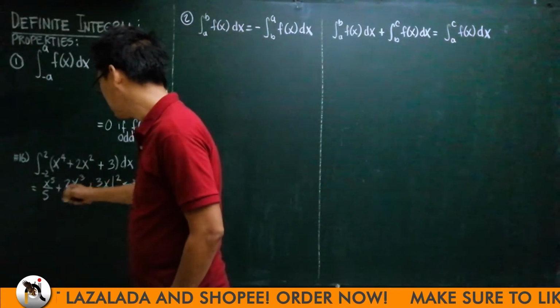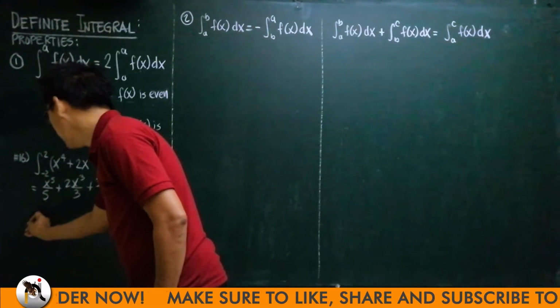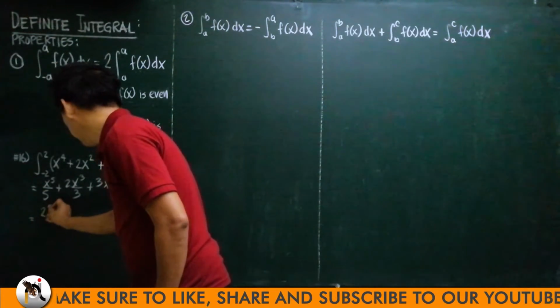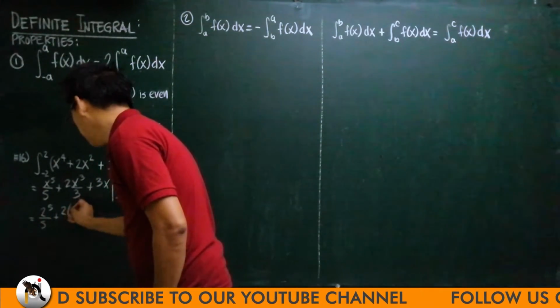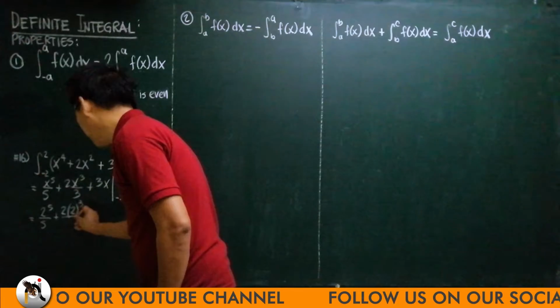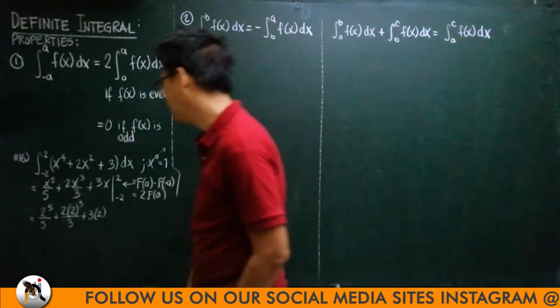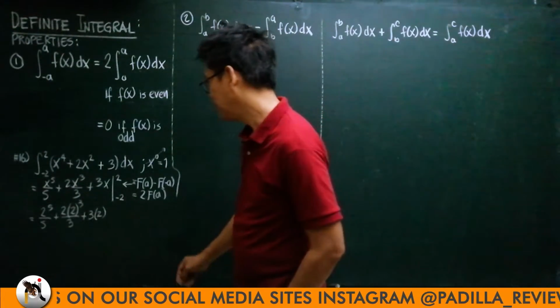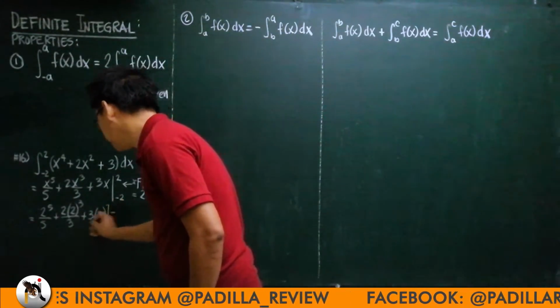So when you substitute the upper limit for x here, this is going to be 2 to the fifth over 5 plus 2 times 2 to the third over 3 plus 3 times 2. Look here. So, this is minus.